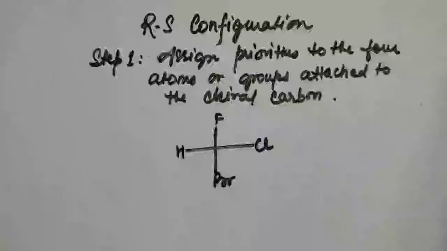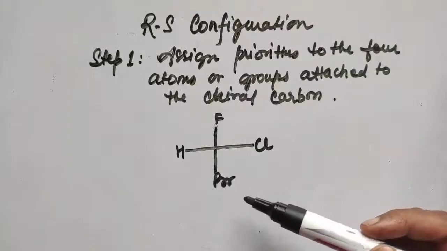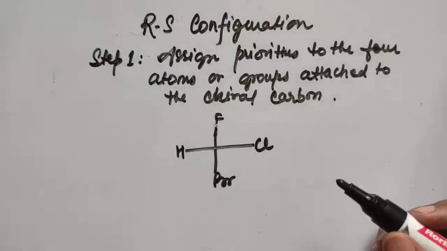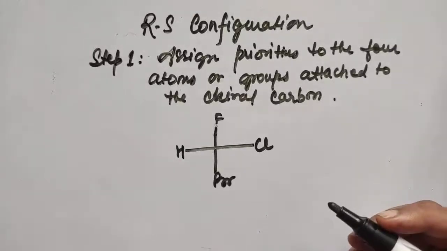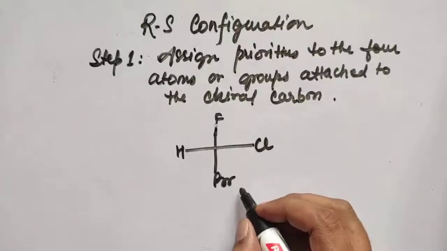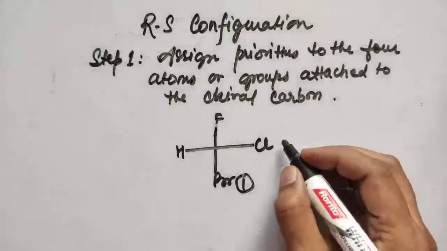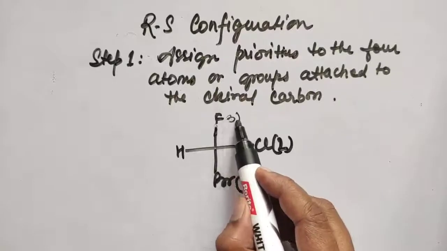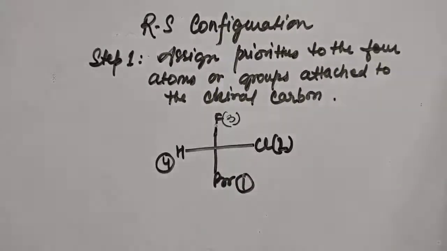So to assign the priority, we have to see the atomic number. The highest atomic number group will be given the highest priority. So here the highest atomic number is of bromine. So bromine will get the first priority. Second priority will be given to chlorine. The third priority will be given to fluorine and the fourth priority will be given to hydrogen.